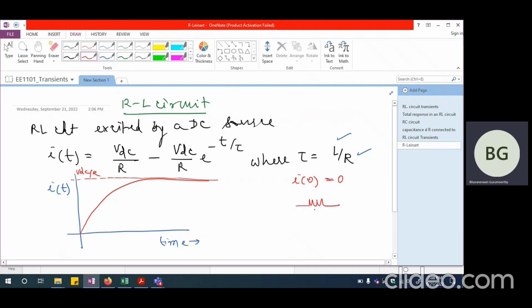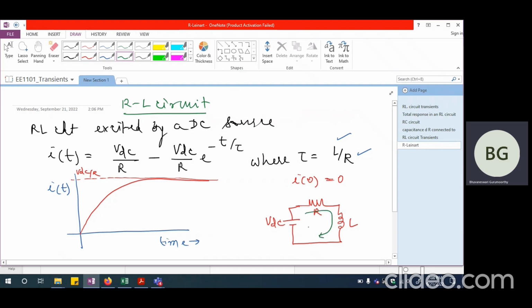So I have R, L and VDC in the circuit. Initially the current is 0.